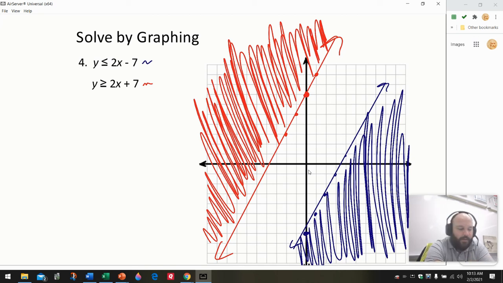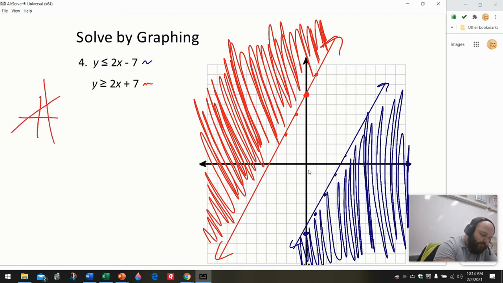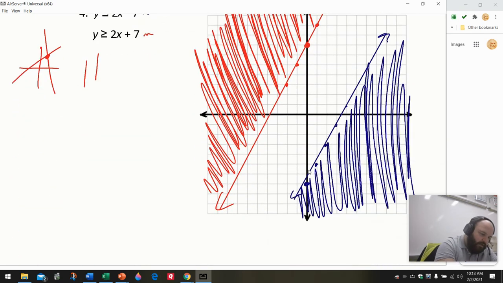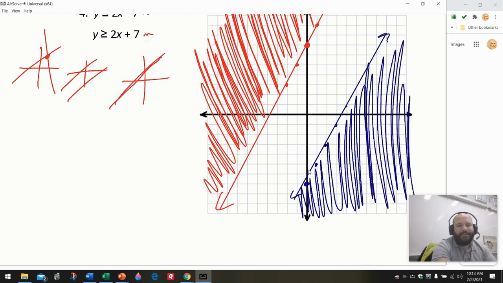So that can happen. As a quick reminder, when you graph just linear equations, you could have them where they cross in one place. You can have them where they are two parallel lines, or you can also have them where they are the same line and they're on top of each other. So there's 3 different things that can happen with systems of linear equations.